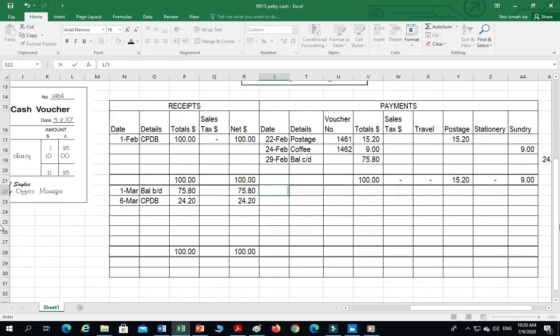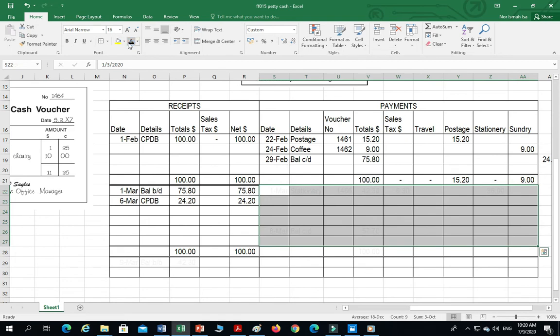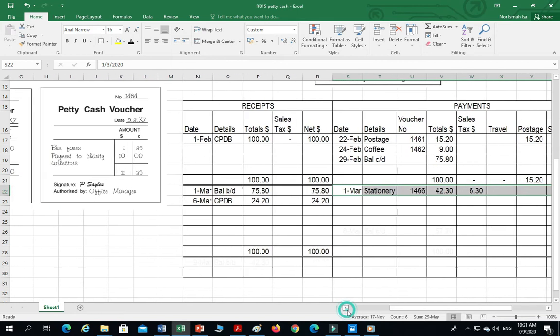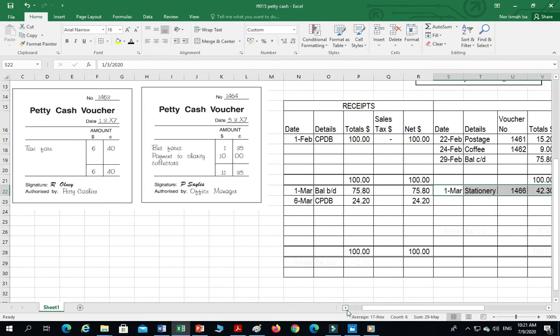So 1 March is a taxi fare, so this is wrong for stationery, so we put it as taxi fare.